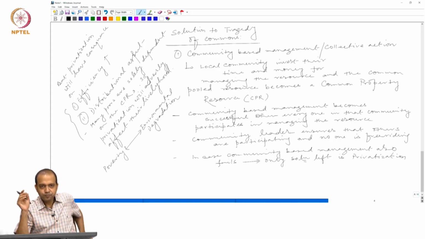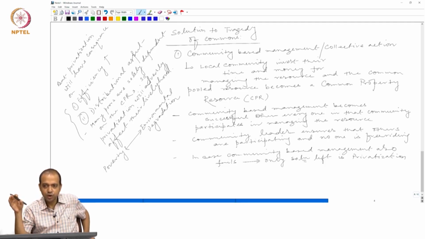See, many a times the developmental projects adversely affect many common property resources. For example, if there is some kind of infrastructure built in a particular forest, let us say the government of India is thinking about converting a huge area of forestry for constructing an infrastructure, let us say a railway.